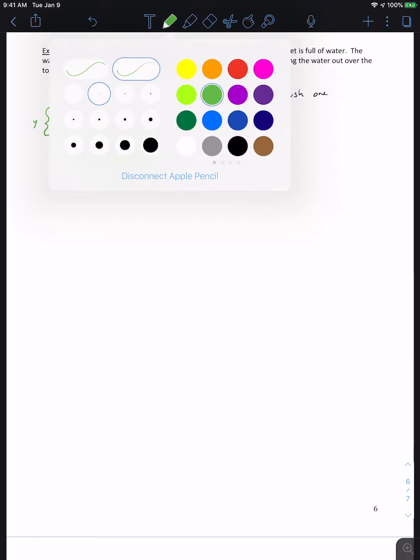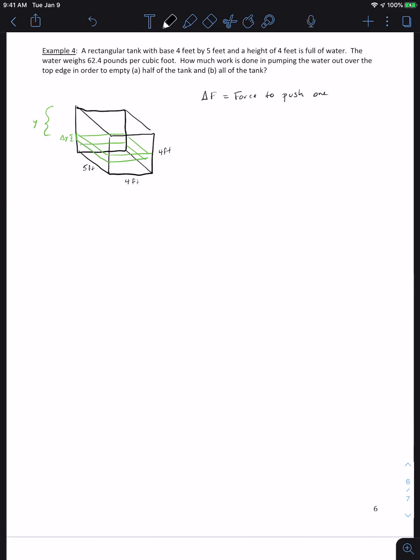Okay, so now, like I said, we're going to do the problems before that. We have our cross sections. Delta F is the force to push one small rectangular prism to the top, and delta W is the work to push one rectangular prism to the top.